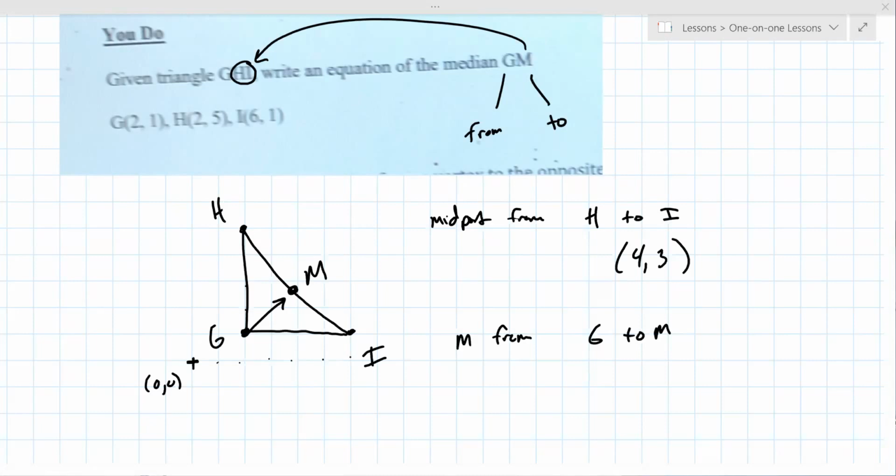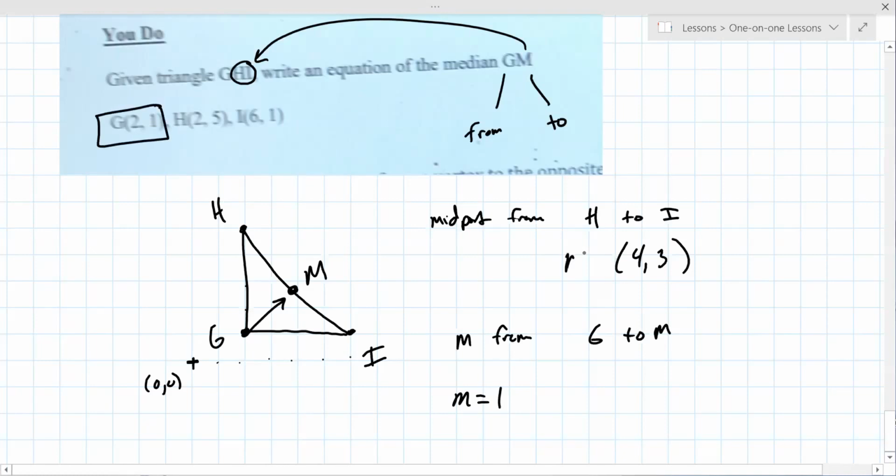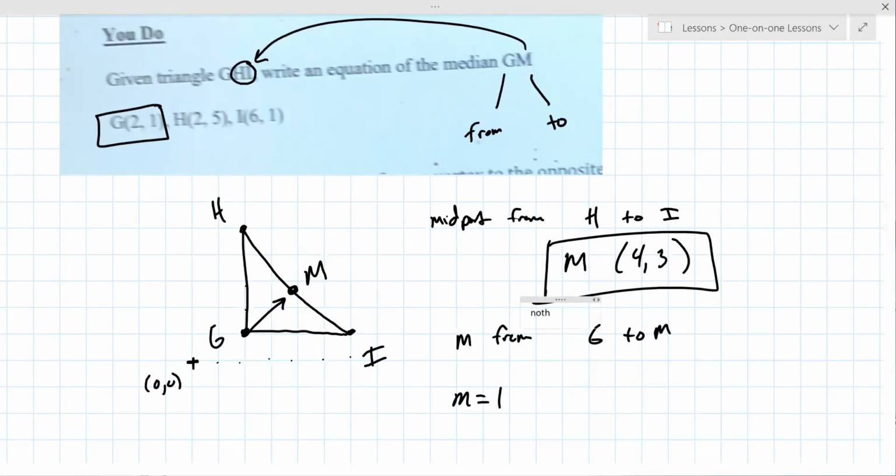It would be 1. Slope is 1. So now you have these 2 points, G and M. You've got G and you've got M, the midpoint, and you have to write the equation in point slope form. So I want you to give that a try, please.